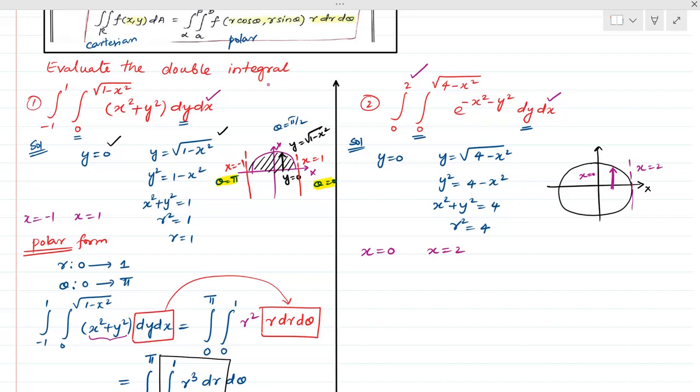So this is the part we have, y from 0 to 2. The radius is 2, and minus 2 here, so the radius is 2, and y is the square root of 4 minus x square.